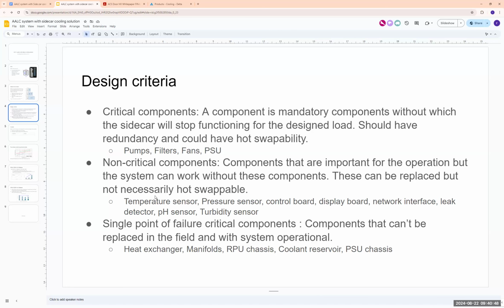Yes. So this is to define what the components are that need to be categorized, and also should be designed, keeping this in mind while designing itself, in the design criteria.